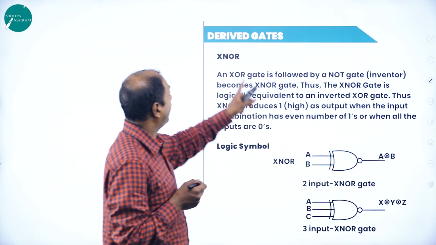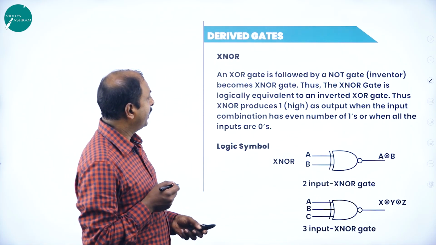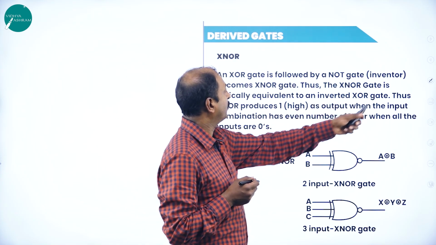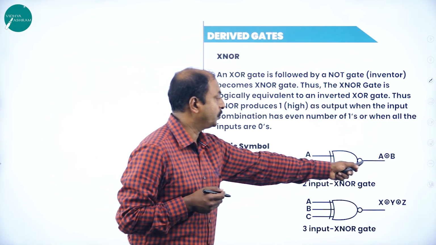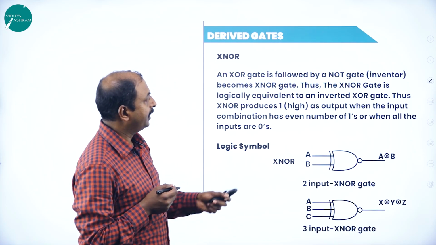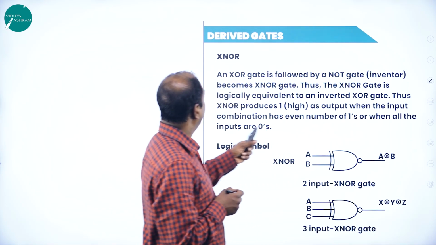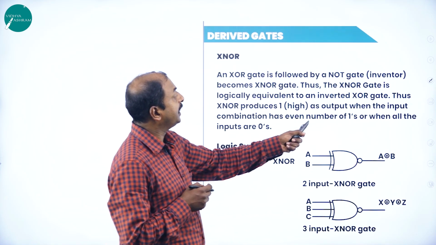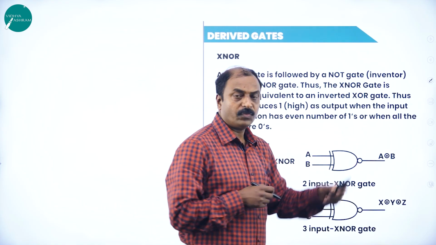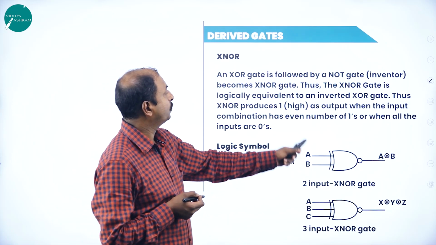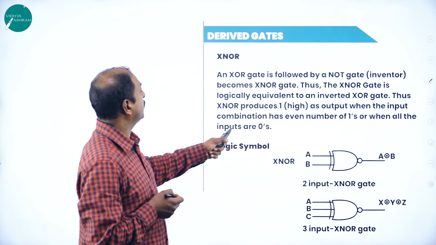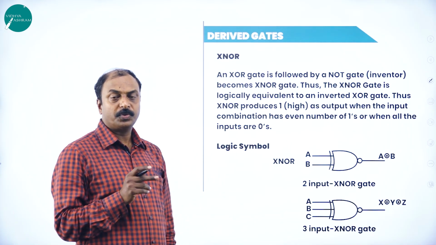It takes 2 or more inputs and always produces 1 output signal, and it produces a high output when the input combination has an even number of 1s. Even number of 1s, it gives output 1, or when all the inputs are 0, output will be 1.